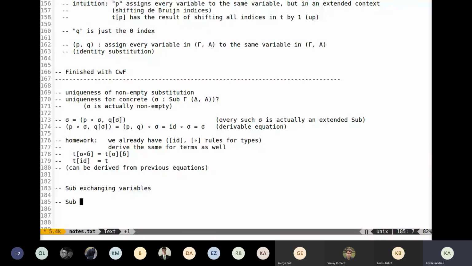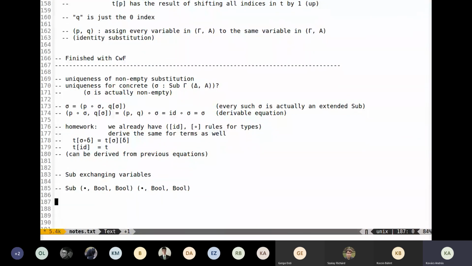And so I want to get a substitution, and now I have to use some arbitrary type. We don't yet have any types, but let's just assume that we have bool. And I want to define a substitution which goes from bool to bool, which swaps variables.